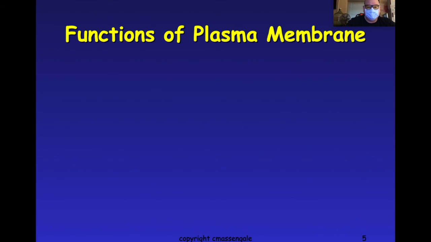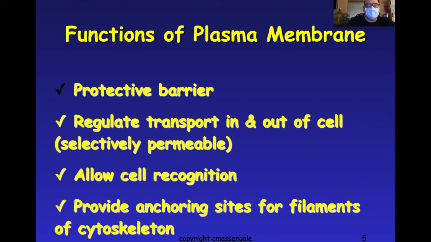All right. So let's take a look at some of the things it does one by one. It makes a protective barrier. Right now we're living in a world where a virus is attacking our whole society. If you can keep that virus out of the inside of your cells, that's a good thing.